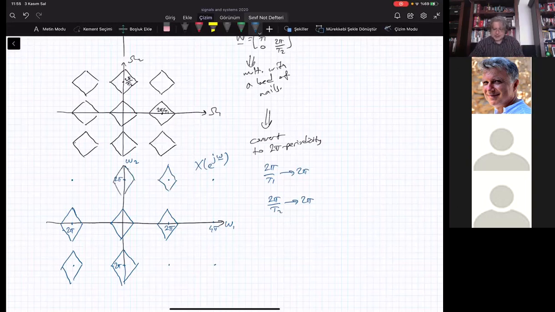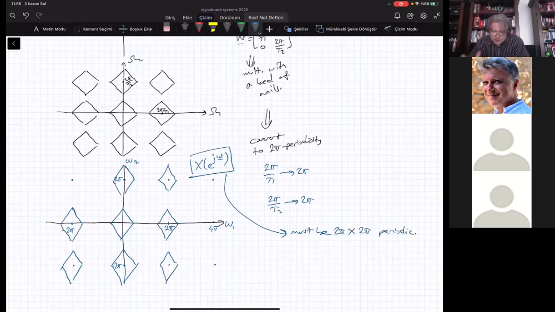But nevertheless, the last thing that we drew, the blue shape, which is the Fourier transform of the discrete time signal, this one, in other words, is 2 pi by 2 pi periodic. This must be 2 pi by 2 pi periodic.